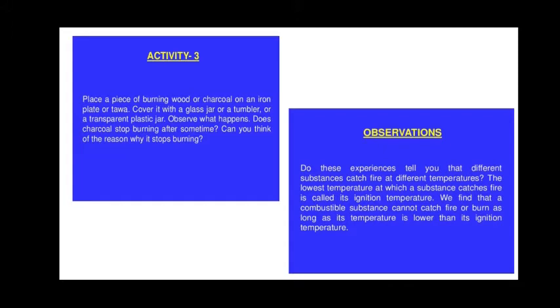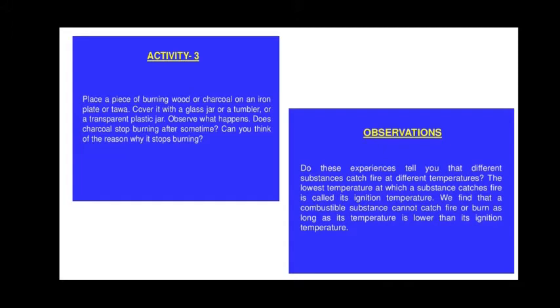The wood and charcoal will have a certain temperature at which they start burning, but when completely closed with a glass tumbler, there is a minimum temperature at which a substance starts to catch fire. That minimum or lowest temperature at which a substance catches fire is called the ignition temperature.